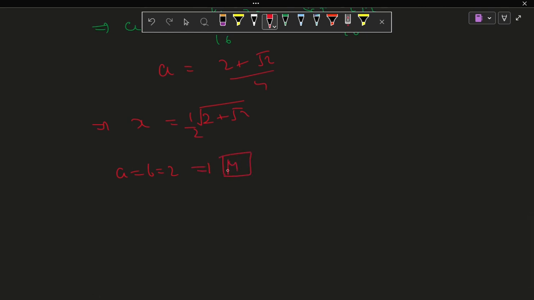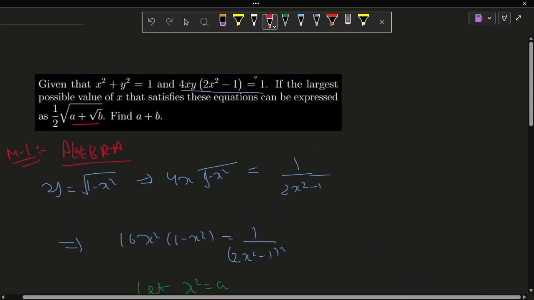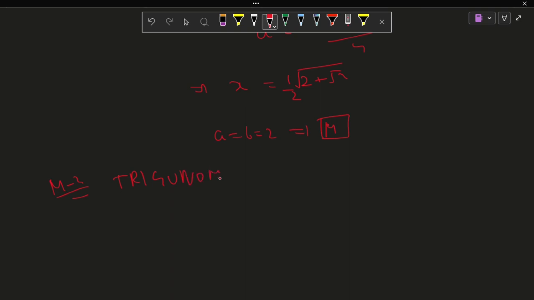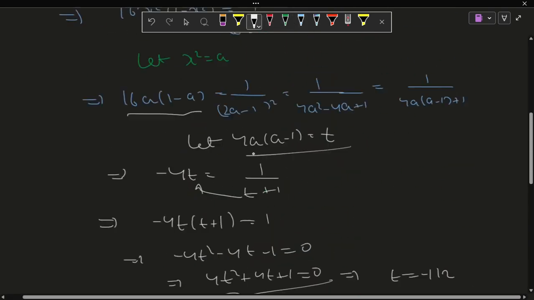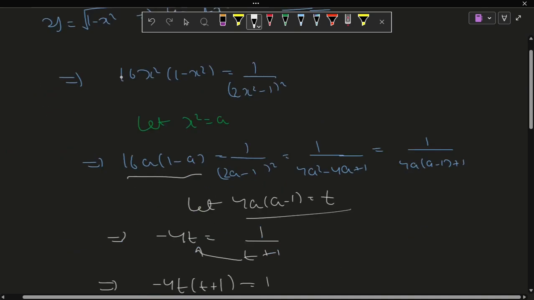Okay, that was cool. But now I will like to discuss the second approach, which is the trigonometric one. Method 2, trigonometry. So we simply substitute x as cos theta and y as sin theta, because this is a parametric form of this circle.